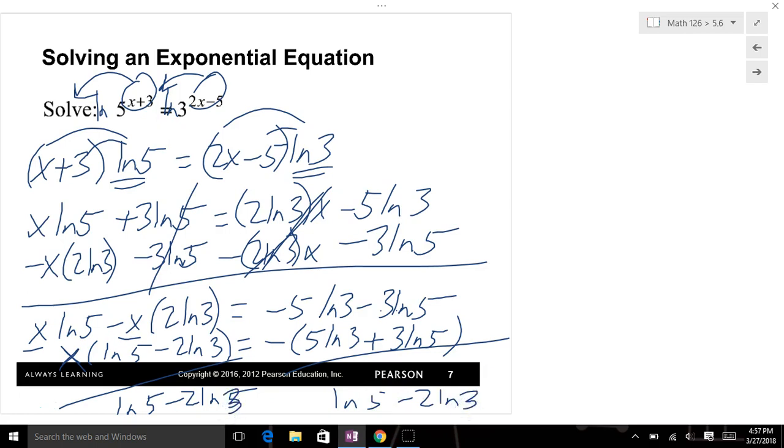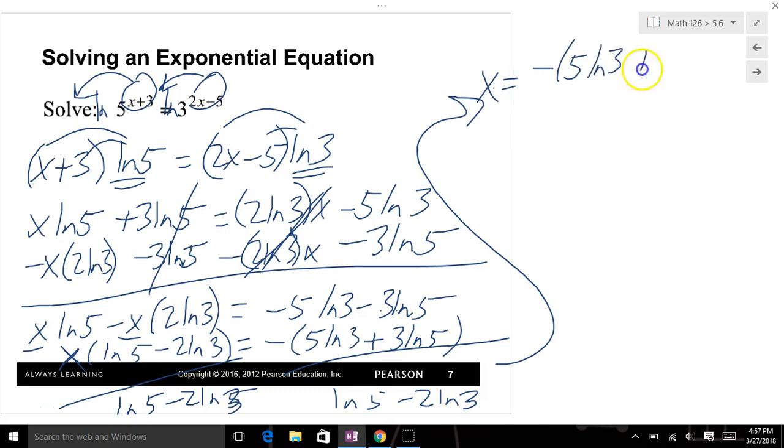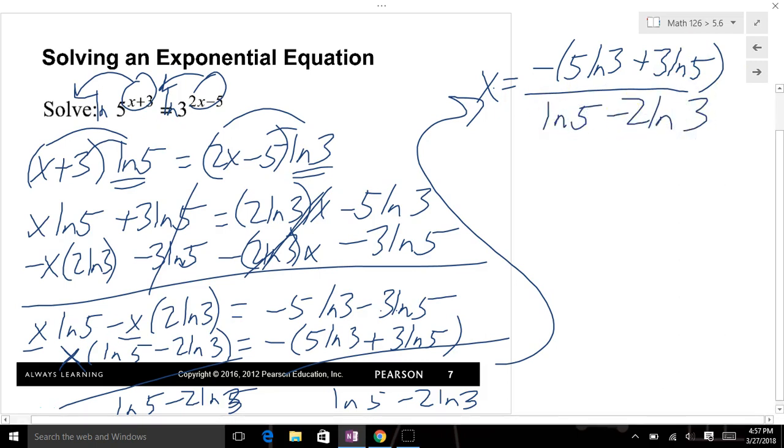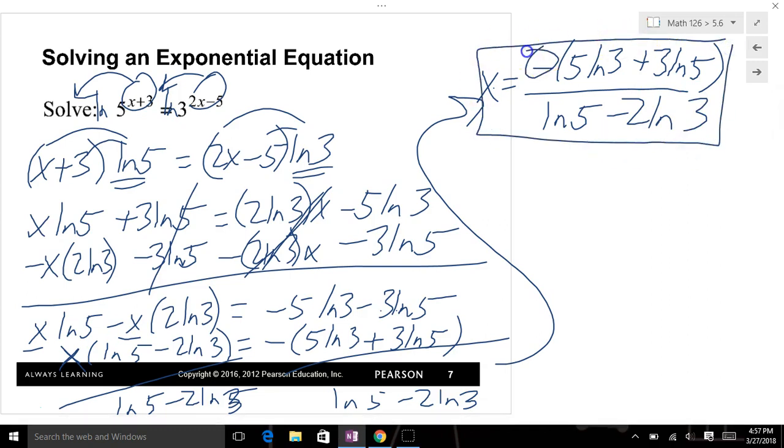So this ends up being x equals negative 5 ln of 3 plus 3 ln of 5 all over ln of 5 minus 2 ln of 3. You can leave it like that. And you didn't have to necessarily factor that negative out, but you can if you want to.